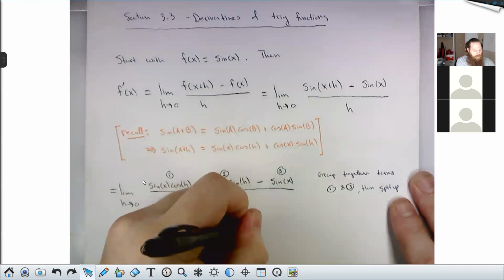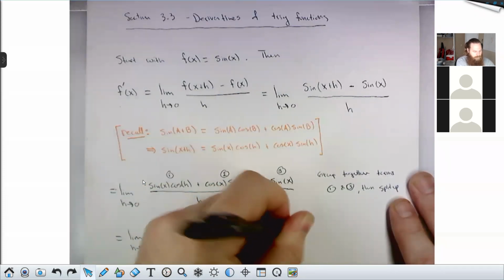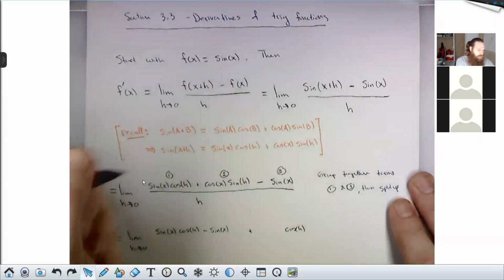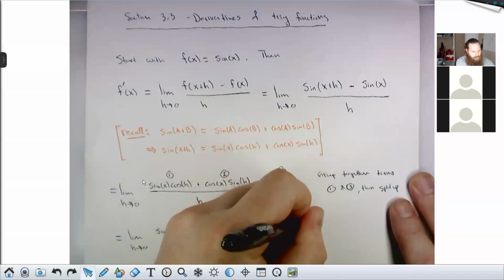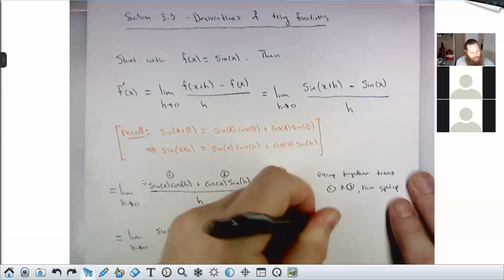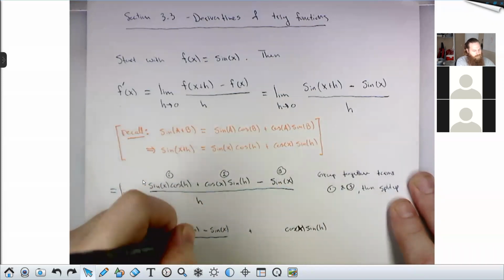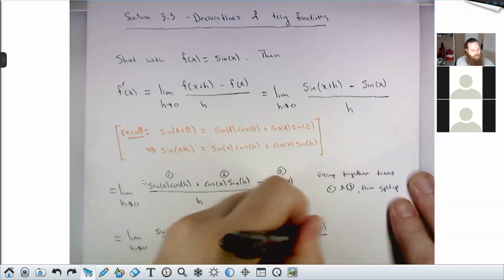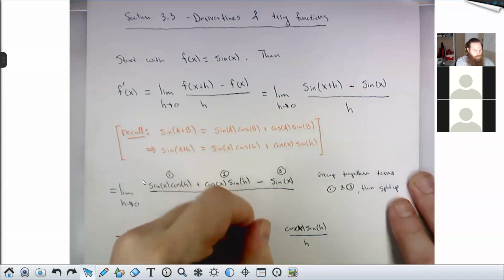And then I still have my plus cos x times sine h. And I'm going to give this its own fraction, and I'm going to give this its own fraction. And I'm going to give this its own limit.